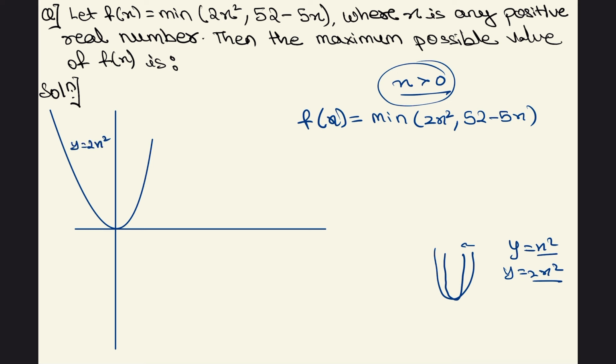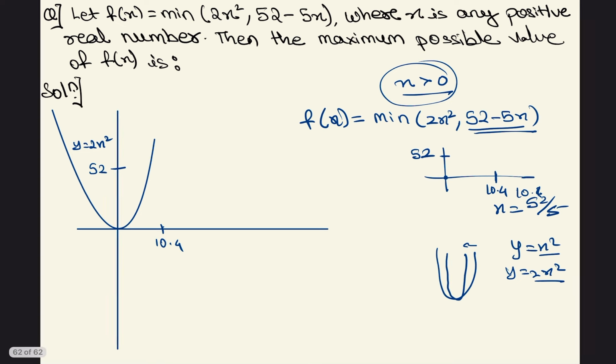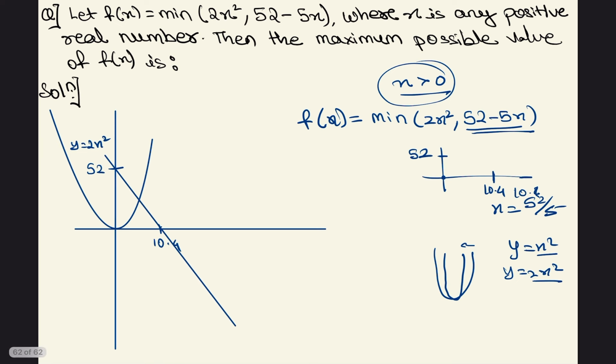The graph of 52 minus 5x will be basically a straight line, which when x is 0, y is at 52, and when y is 0, x is at 52 by 5, which is 10.4. This is how the graph will look. Let's say this is 52, this is 10.4, and this is the straight line that goes across.